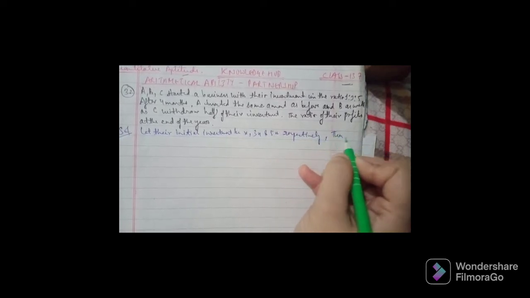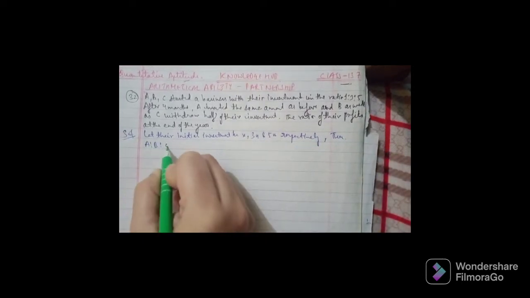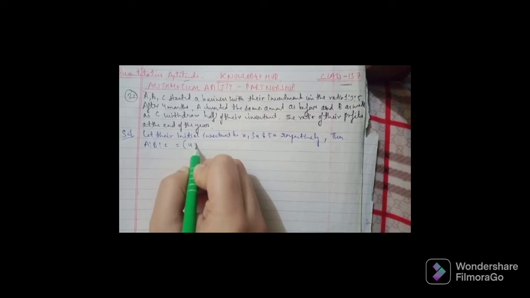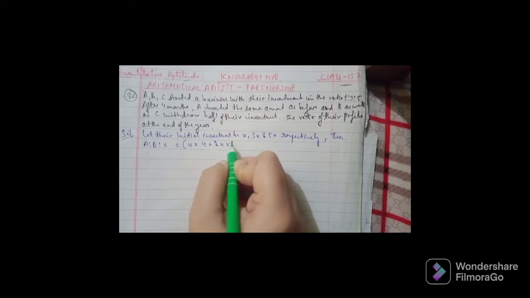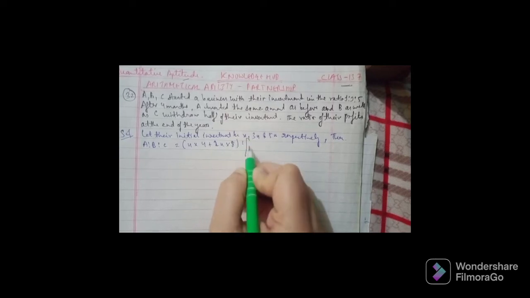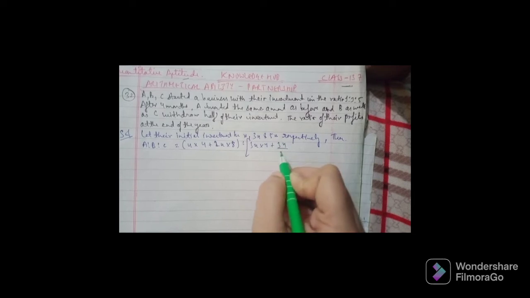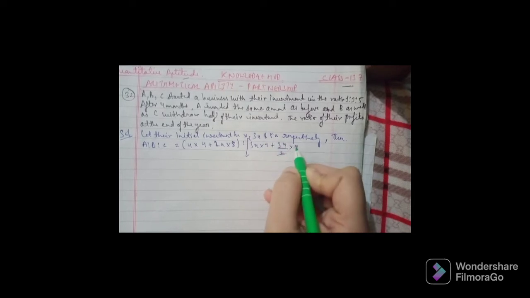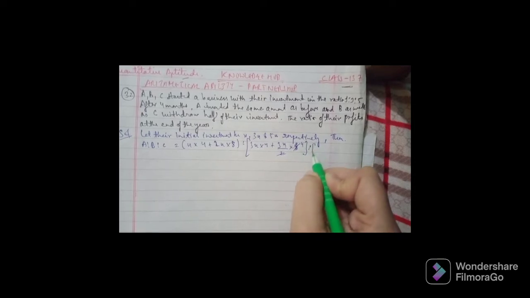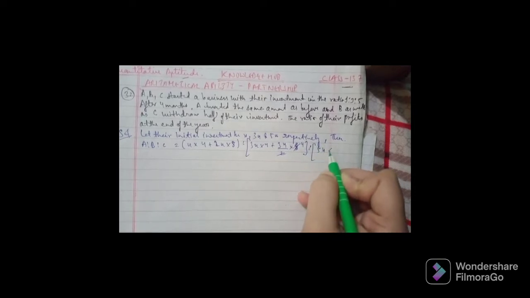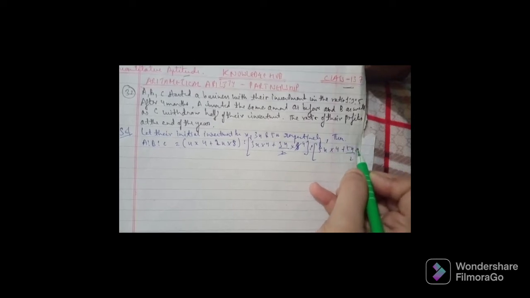Then A, B, C: X into 4 plus 2X into 8; 3X into 4 plus 3X upon 2 into 4, 2 ones are 2, 2 fours are 8; X into 4 plus 5X upon 2 into 8.